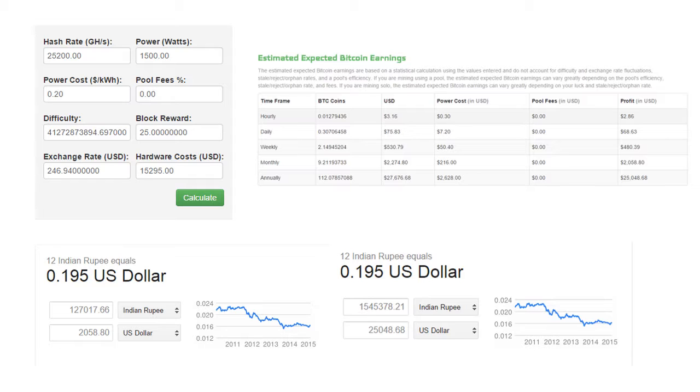If I do mining at this rate, I can earn $2,058 monthly and $25,048 annually. That will end up to 1,27,000 rupees monthly and 15,45,000 annually. This is with the assumption that you are ready to invest 9,30,000 rupees in the initial stage for buying the graphic card.